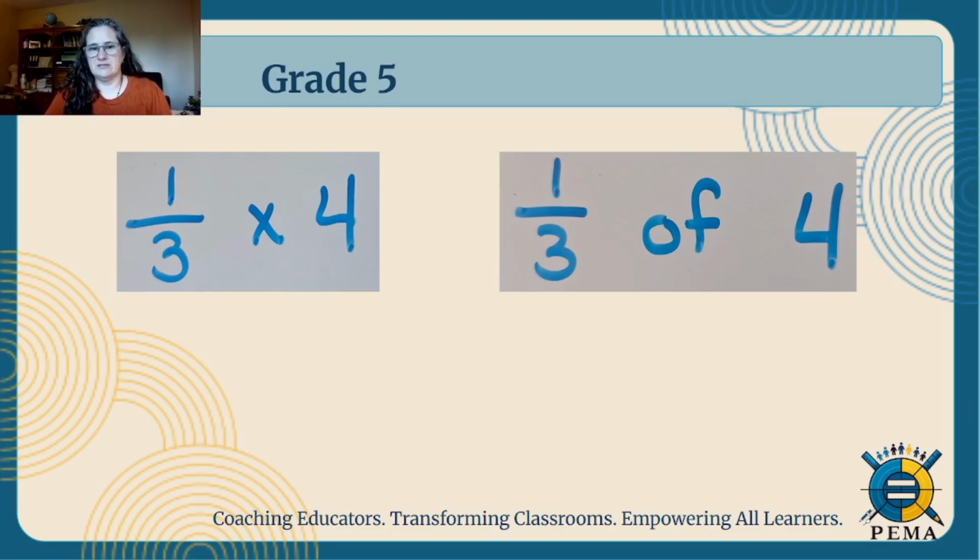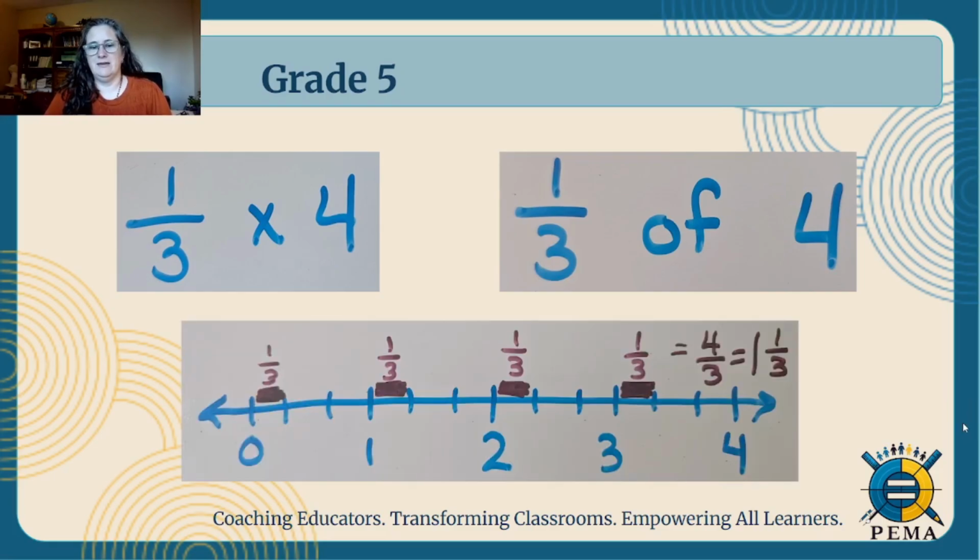Another way that students might think of 1/3 of 4 in 5th grade is to think about a number line. If I create a number line from 0 to 4 and divide each whole into thirds, 1/3 of each whole number is going to add up to 4/3, or 1 and 1/3. That's showing us 1/3 of 4.